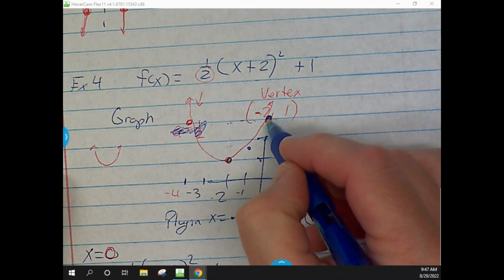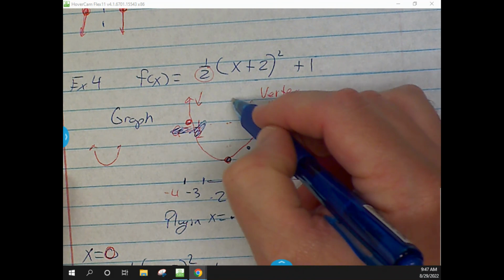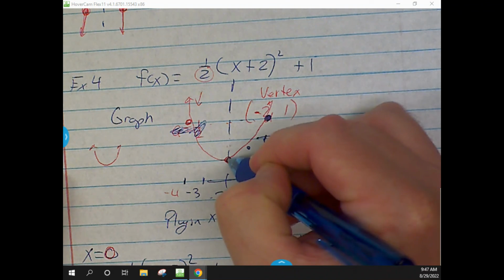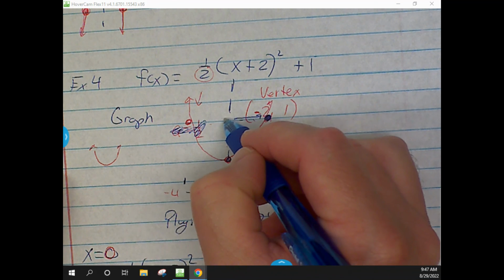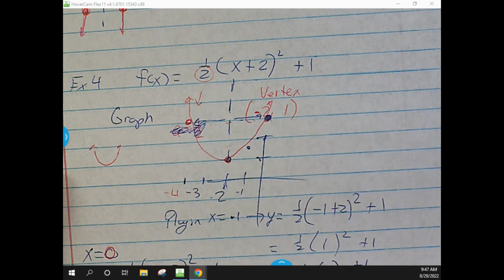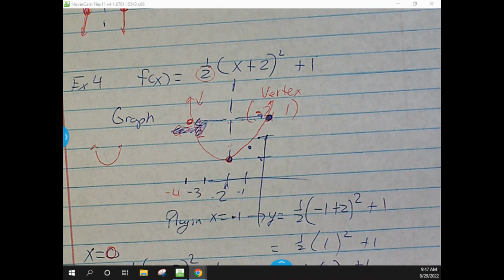So that point was here. And if you drew your axis of symmetry here, this is 2 spaces this way. So that means you also could go 2 spaces that way and get the same point. Because everything should be spread out equal from the axis of symmetry. So basically, if it's a fraction, you just got to plug in numbers until you get ordered pairs to graph on the thing.